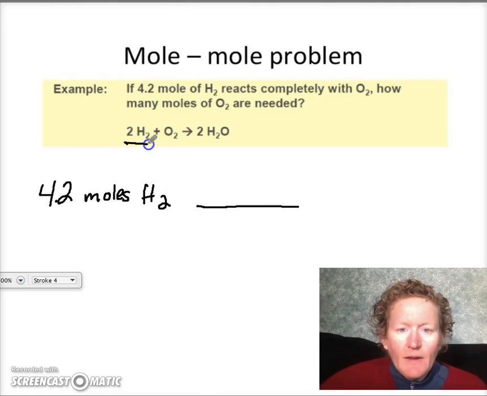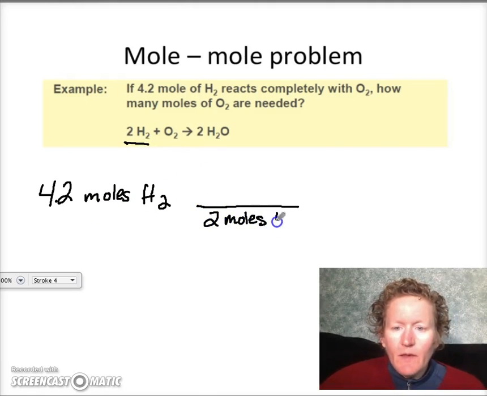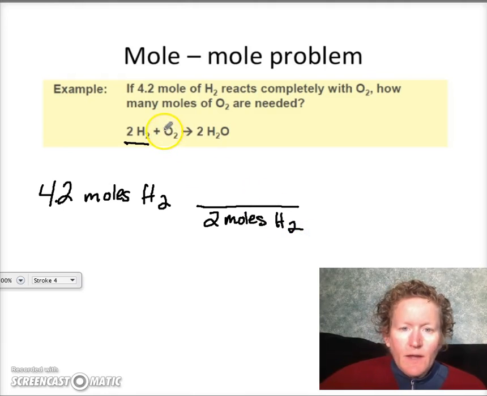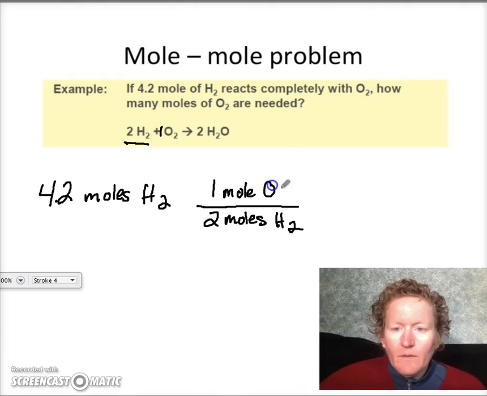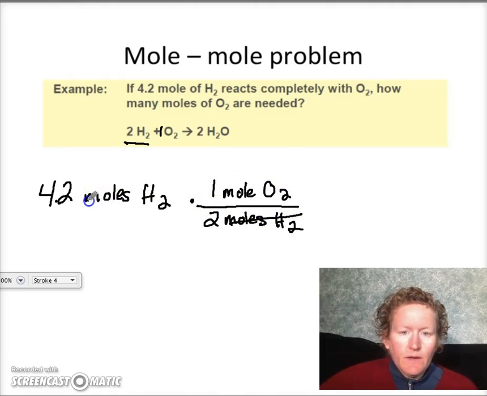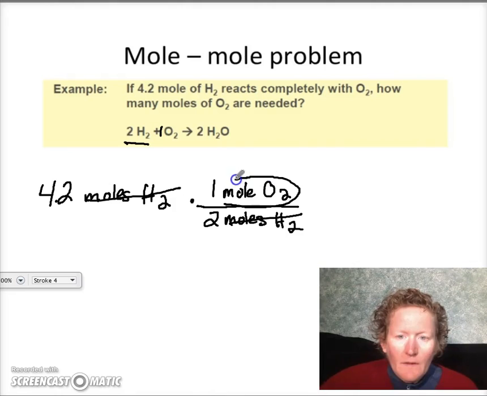So we look at how many moles of H2, 2 moles H2, to how many moles of oxygen, 1 mole of O2, and then these cancel here, and we're left just to do the math because we have the unit we want right here.